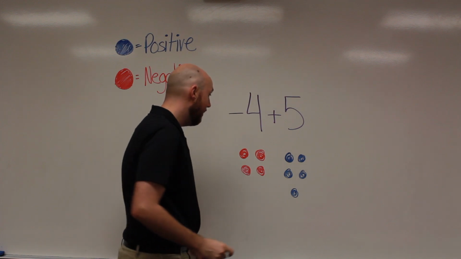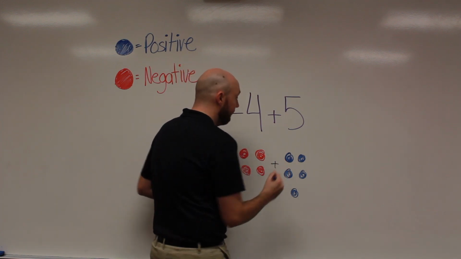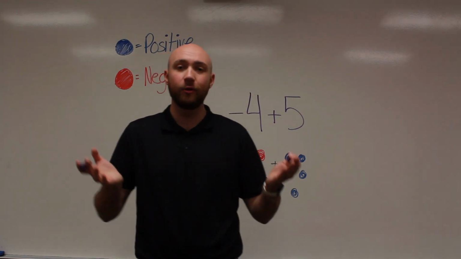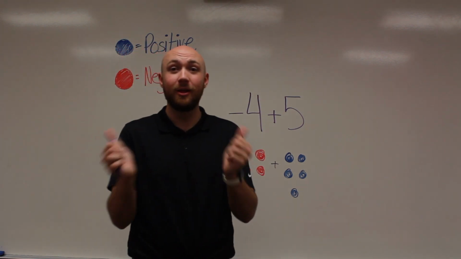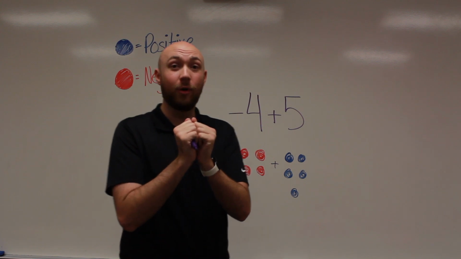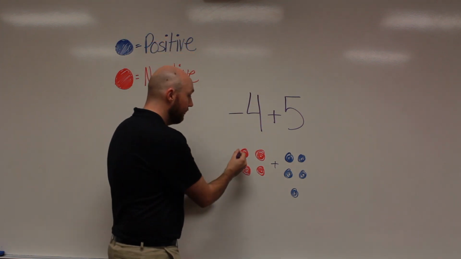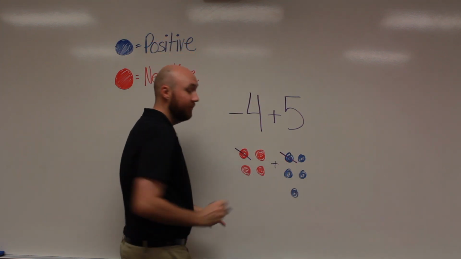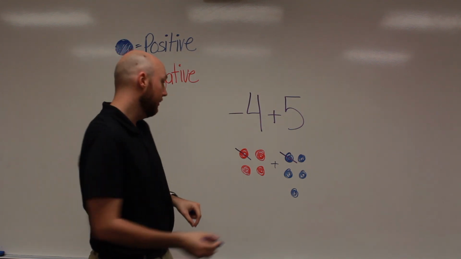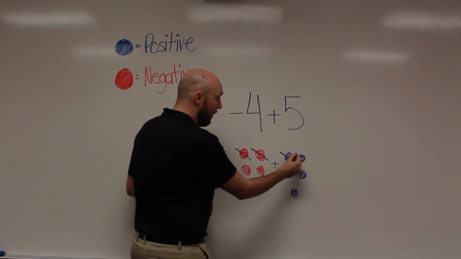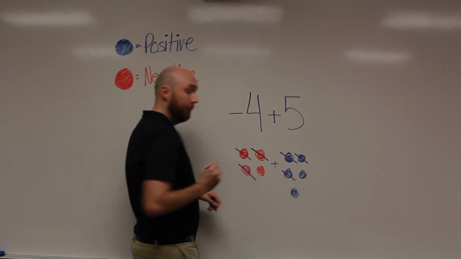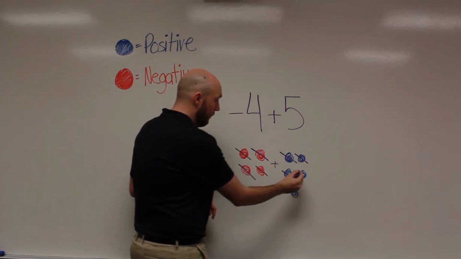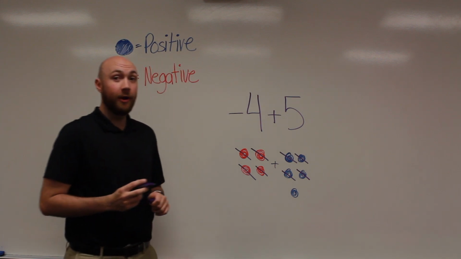Now to solve this problem, we're going to need to make pairs. We're going to need to bring in those zero pairs. If we know one positive and one negative cancel each other out and make a 0, I'm going to cross them out. One negative and one positive makes 1 zero pair. I'm going to do another: 2 zero pairs, 3 zero pairs, 4 zero pairs.